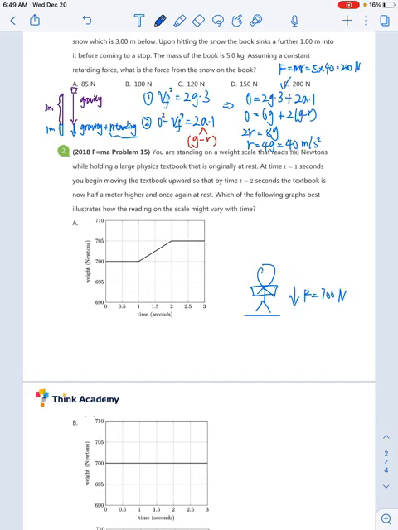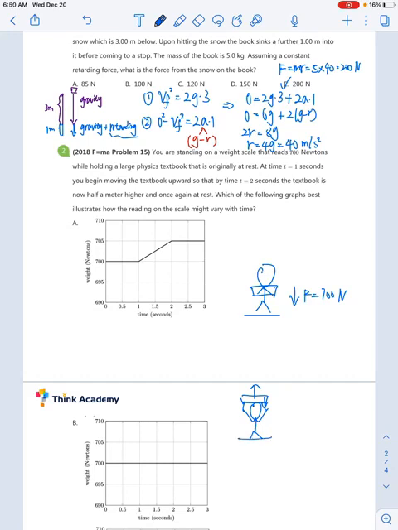So let's draw this out. So you are moving this upwards. So at the same time here, by Newton's third law, the book is also going to exert a force downwards, so to balance this acceleration.